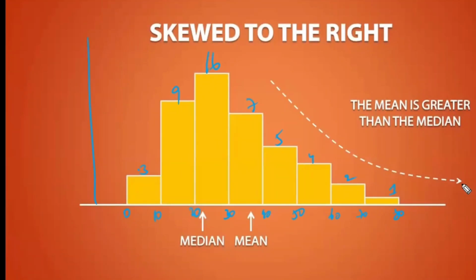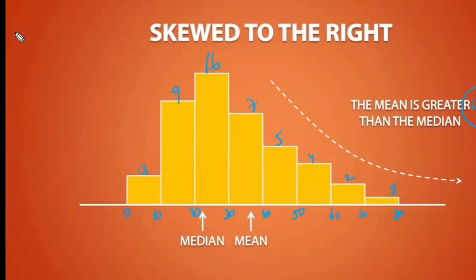How many values are there? 3 plus 9 is 12, 12 plus 16 is 28, 28 plus 7 is 35, 35 plus 5 is 40, then 44, 46, 47. So the total is 47 values. Can you select on your own choice from 0 to 10 any 3 numbers randomly?